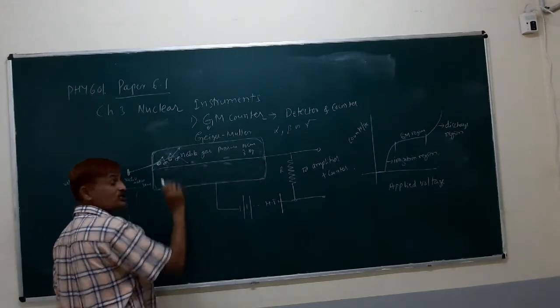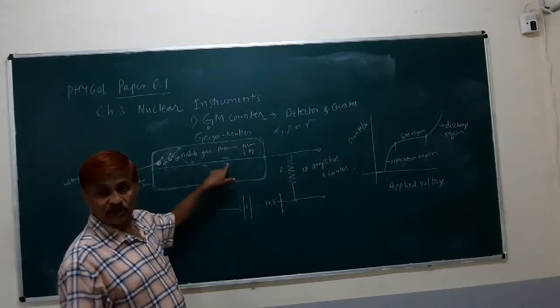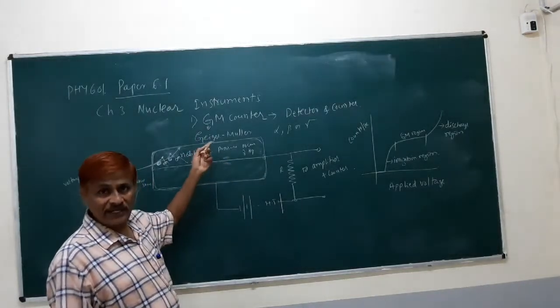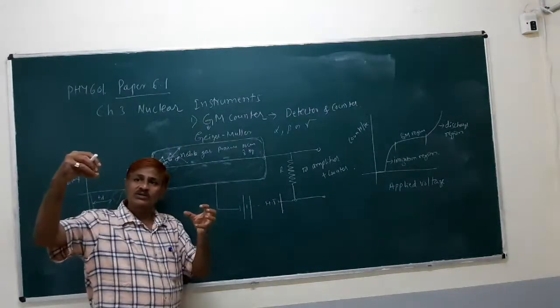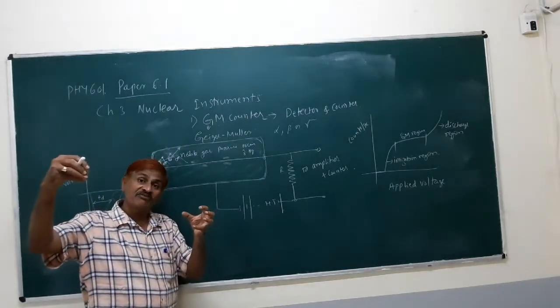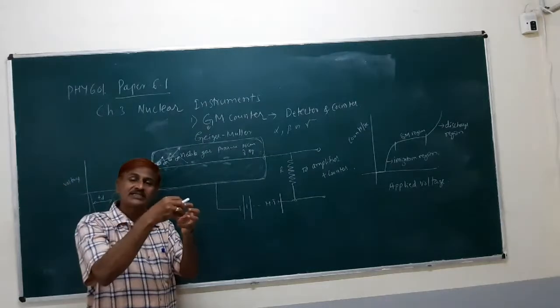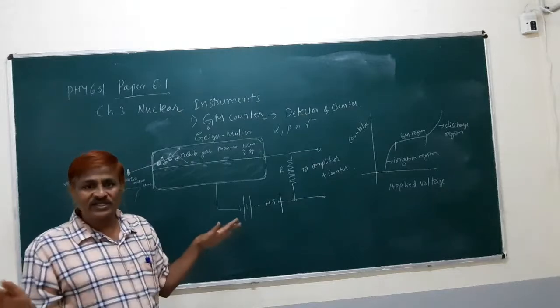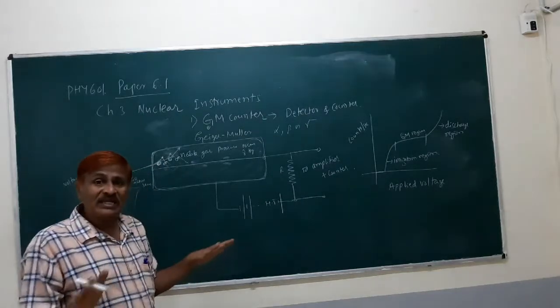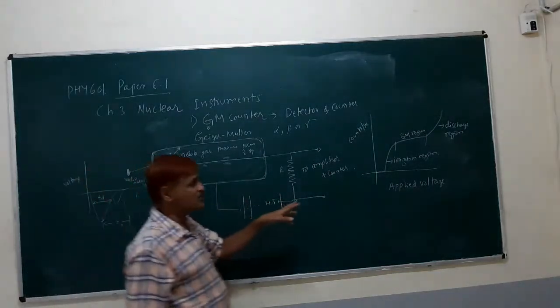Instead of going to the electrode, they will recombine and form neutral atoms. They are knocked out, but if the applied voltage is not sufficient, they will come and sit on the atom. Everything is normal, the ionization will nullify if the voltage is small.